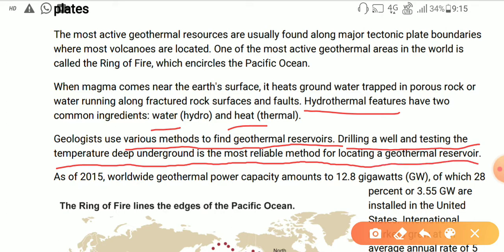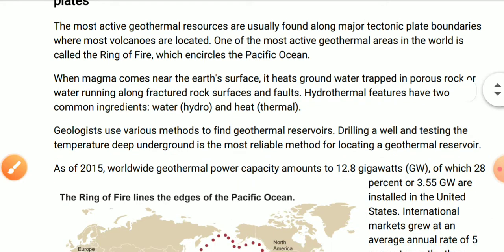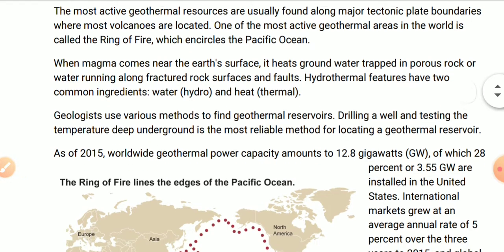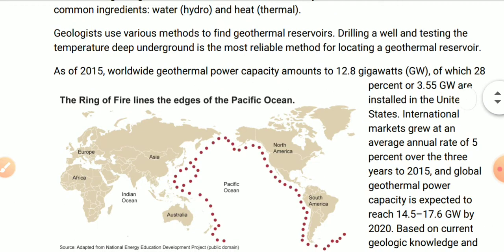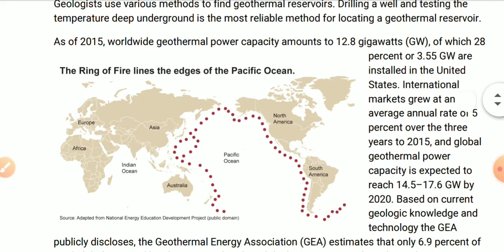Around 2015, the power capacity amount was 12.8 gigawatt, of which 28%, that is 3.55 gigawatt, was installed in the United States, and the international market grew at an average annual rate of 5% over the three years of 2015.